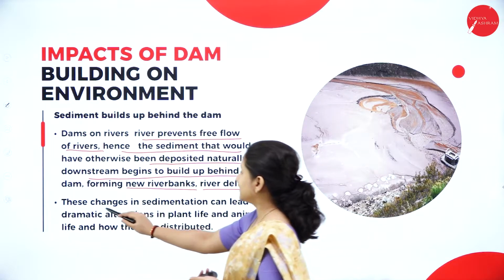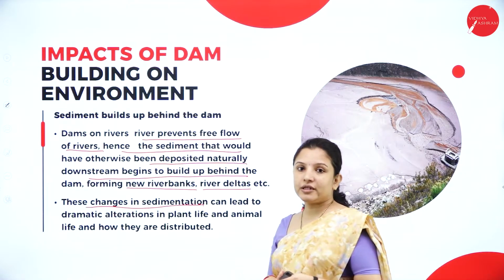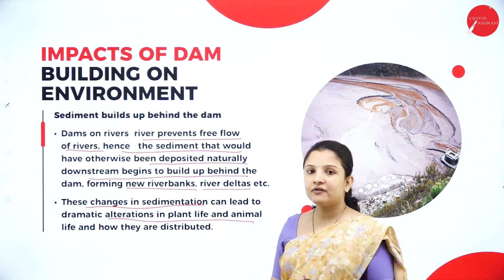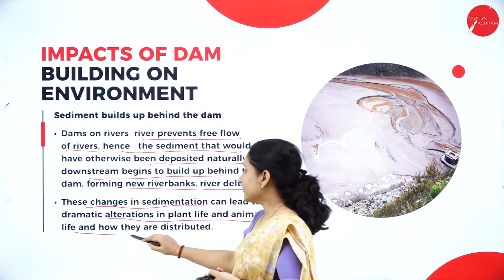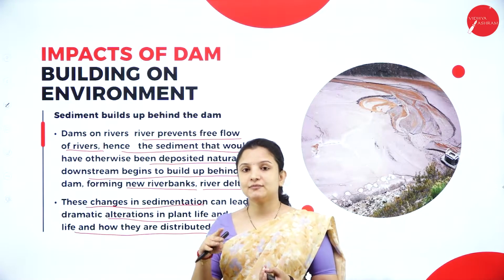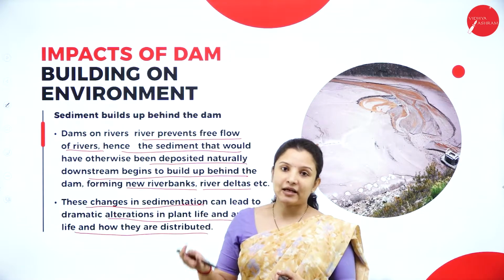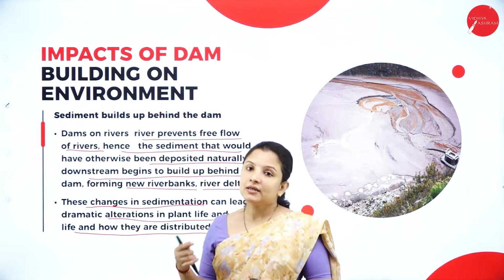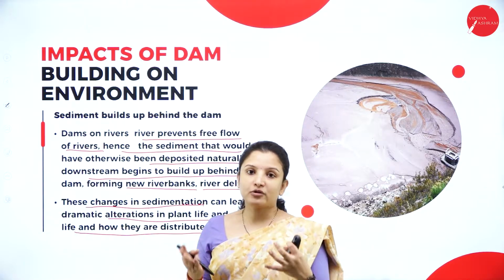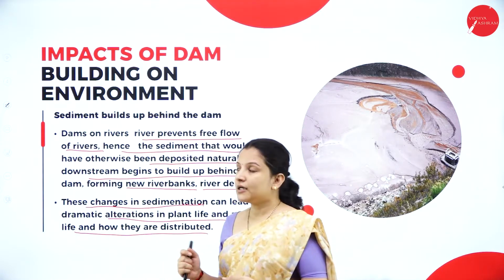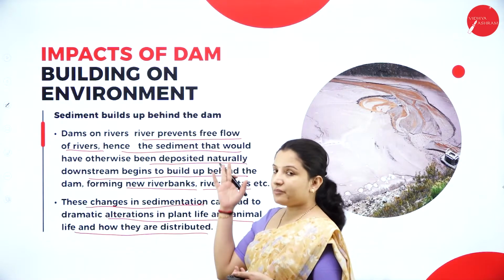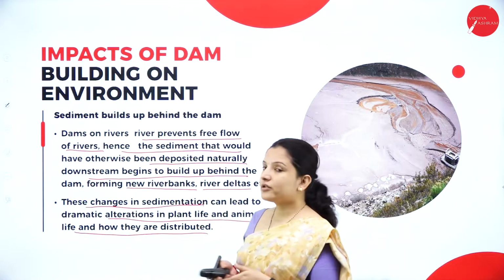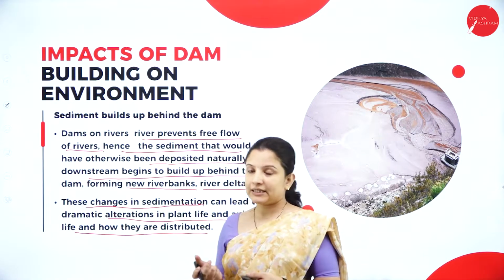These changes in sedimentation can lead to quite a lot of alterations in the plant life and animal life that were once there, and the organisms already inhabiting the area will have their lives disturbed, because the aquatic habitat would have been converted into a terrestrial habitat by the deposition of sediment over a period of time. So this is how sediment buildup can occur because of dam construction, altering the ecosystem of the river itself.